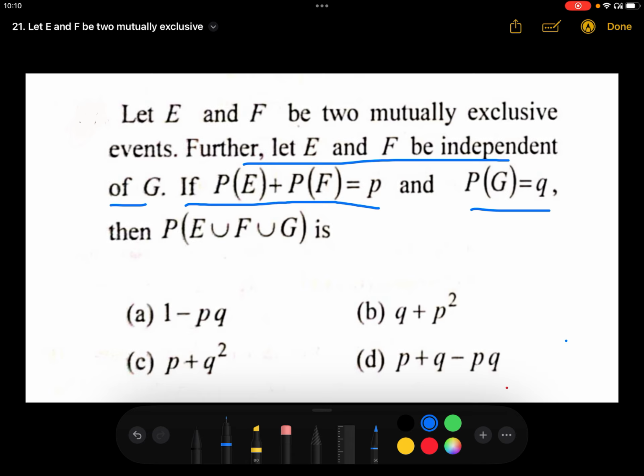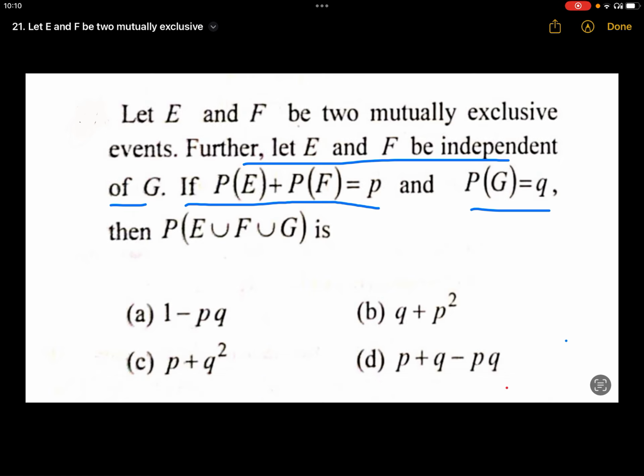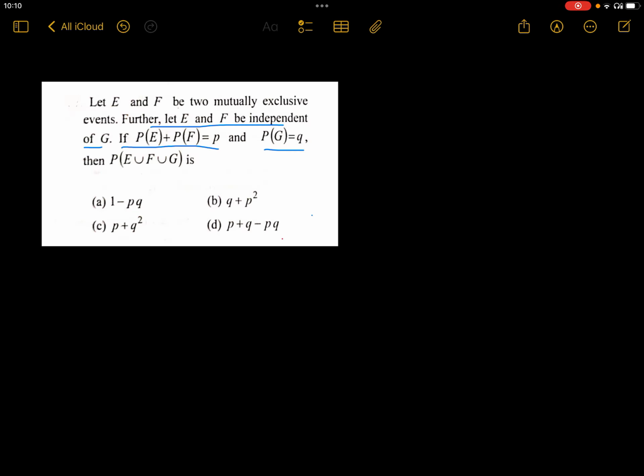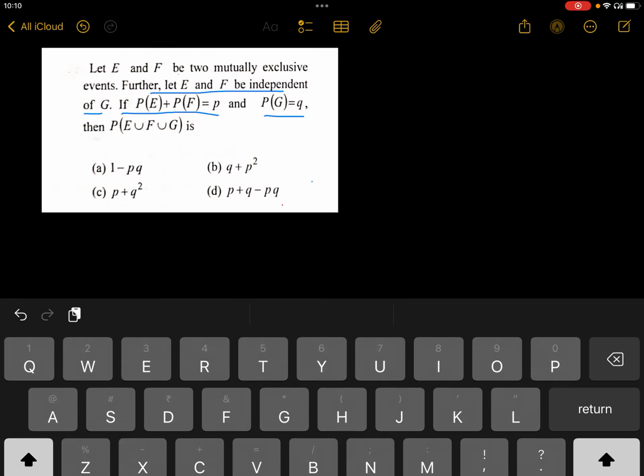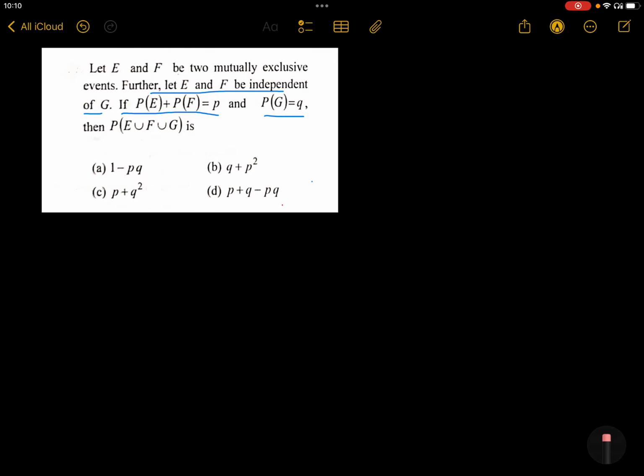First, we understand what mutually exclusive events and independent events are. Let A and B be two events.